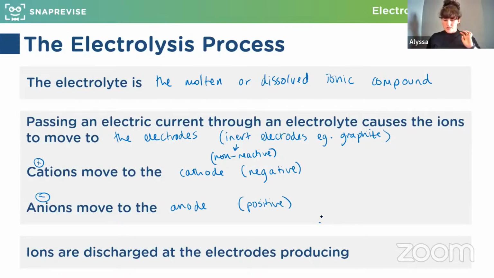Our ions are then what we call discharged at the electrode. Now, what that means is they either gain or lose electrons, depending on which they need to do, to become neutral elements and compounds. So ions are discharged at the electrodes, producing elements or elements in their compounds.